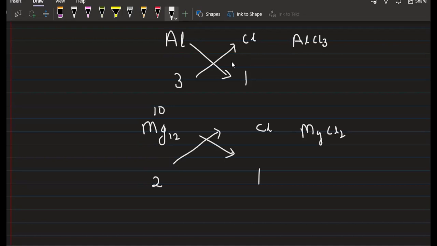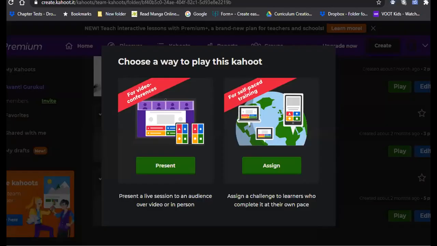Okay, everyone ready with Kahoot? Are you using laptop or desktop? Laptop. Okay, just Google Kahoot.it and open that. I'll give you the login code.